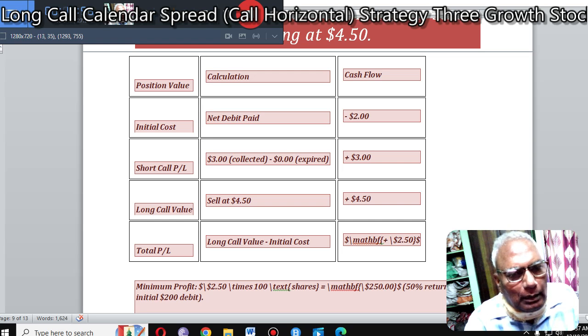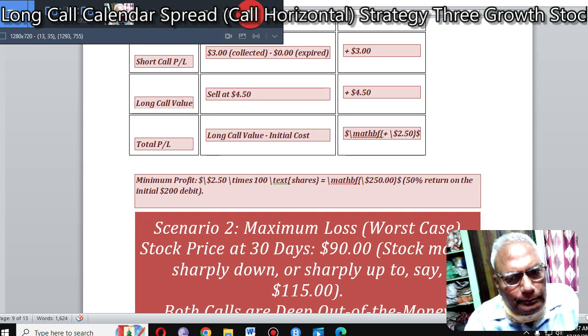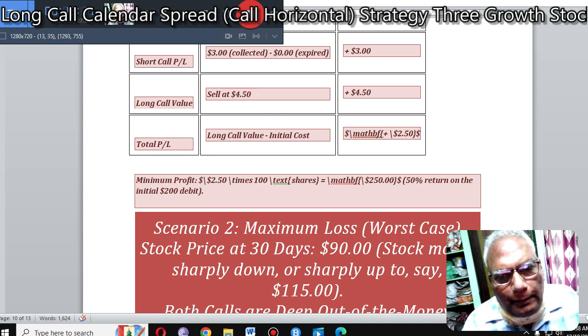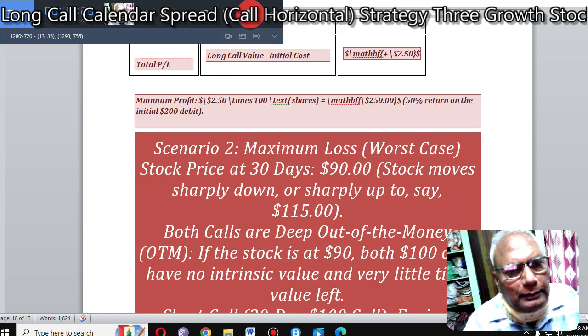Total profit and loss: long call value plus initial cost, $4.50 plus $3 minus $5, equals plus $2.50. That means maximum profit is $2.50 times 100 shares, which equals $250, a 50% return on the initial $200 debit.